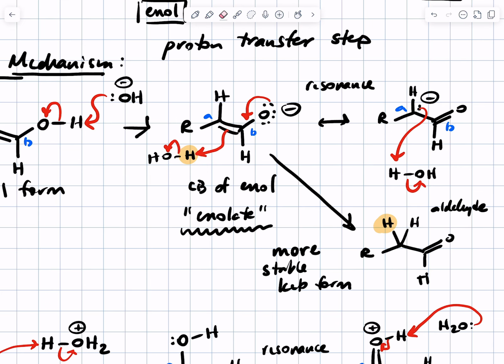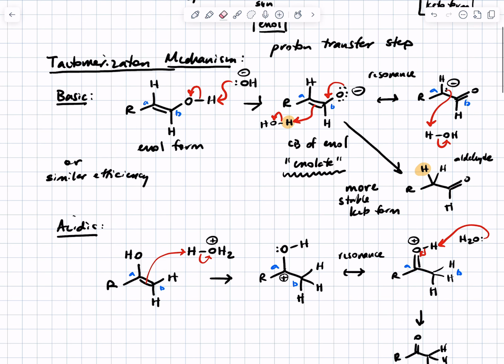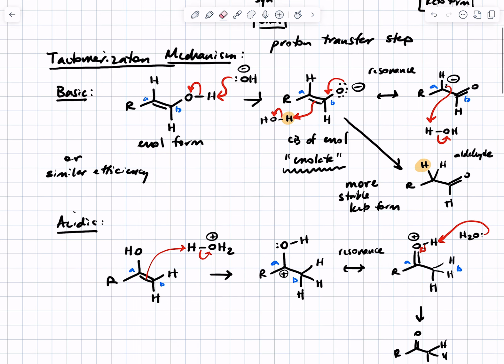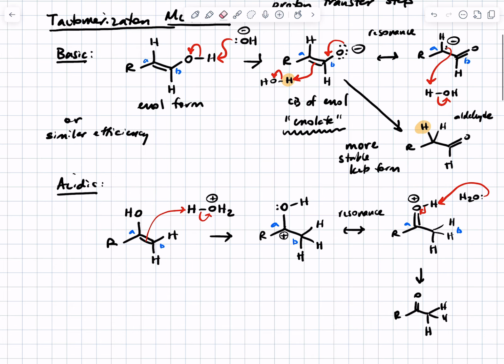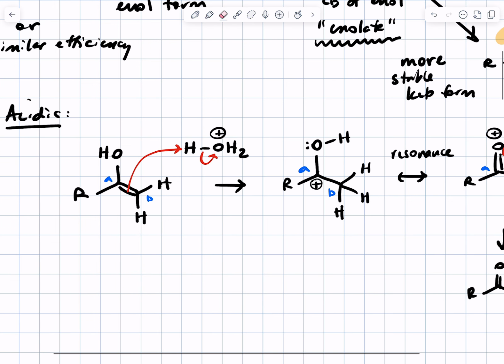All right. So under acidic conditions, the mechanism is similar, except the order of the proton transfers is a little bit different. We start under acidic conditions by having the electrons in the pi bond between A and B attack a hydrogen from H3O+.